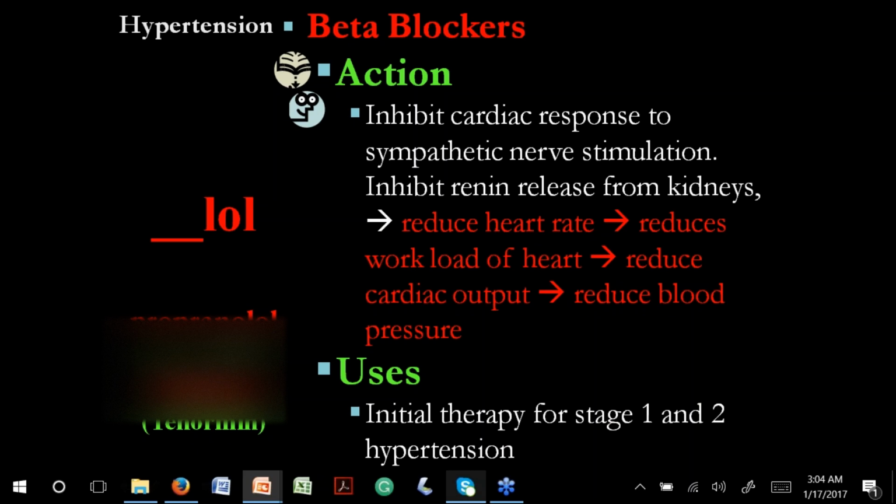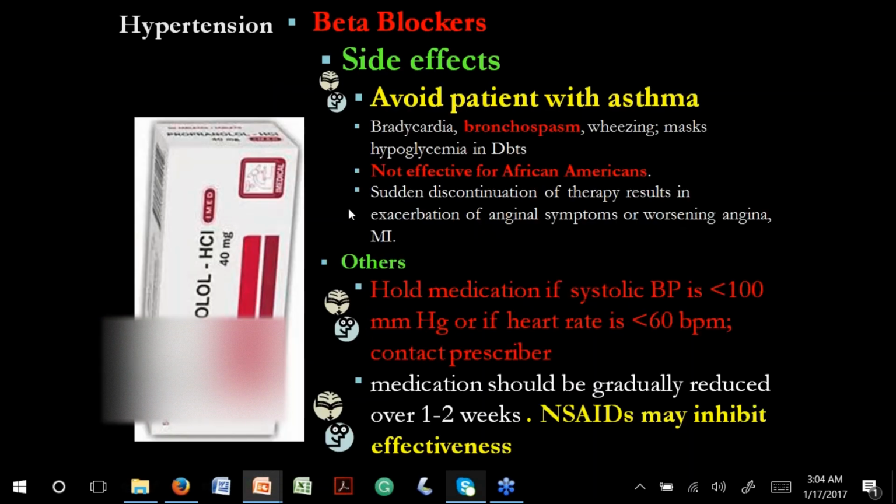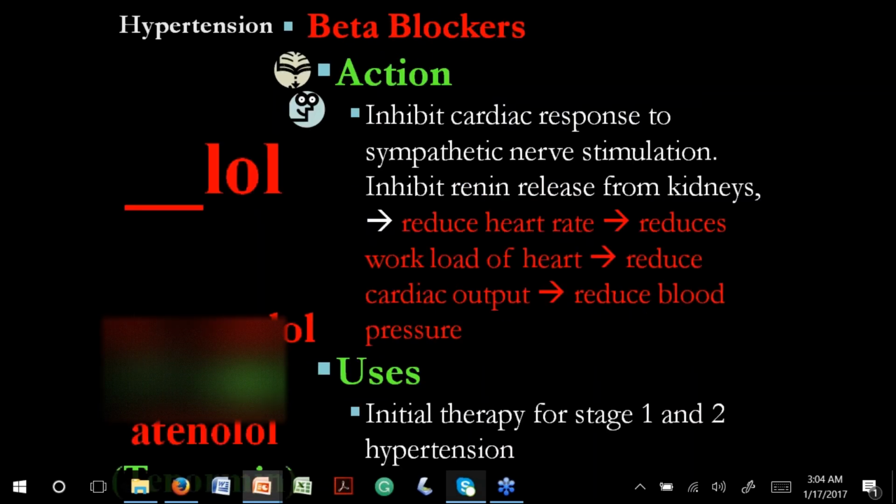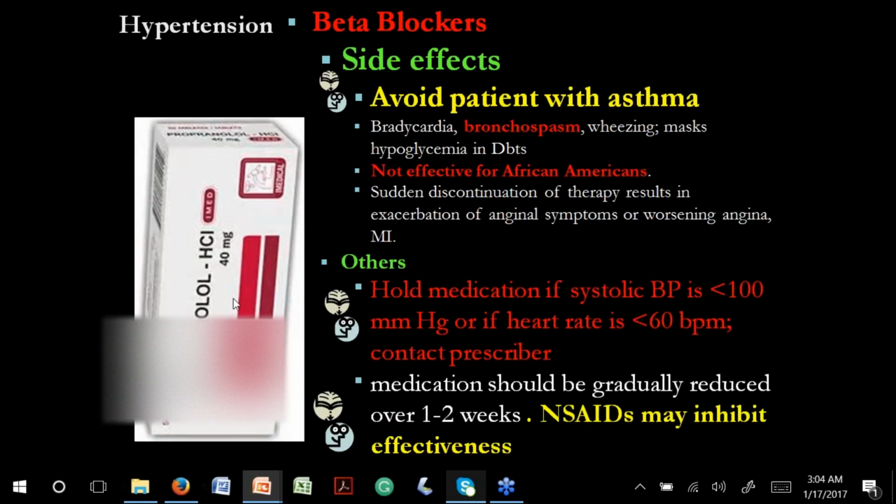So what does it mean? It means that when you give a beta blocker like propranolol, which is much more common to use, it is going to have an effect on beta 1, but when you increase the dose, it is going to have an effect on beta 2.